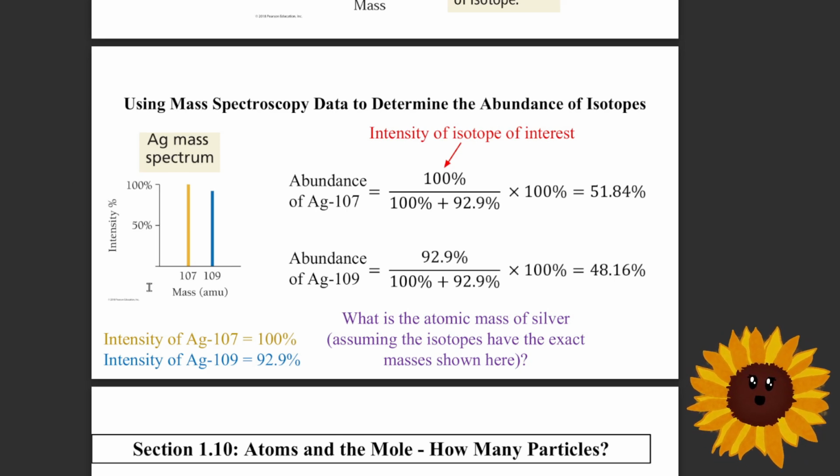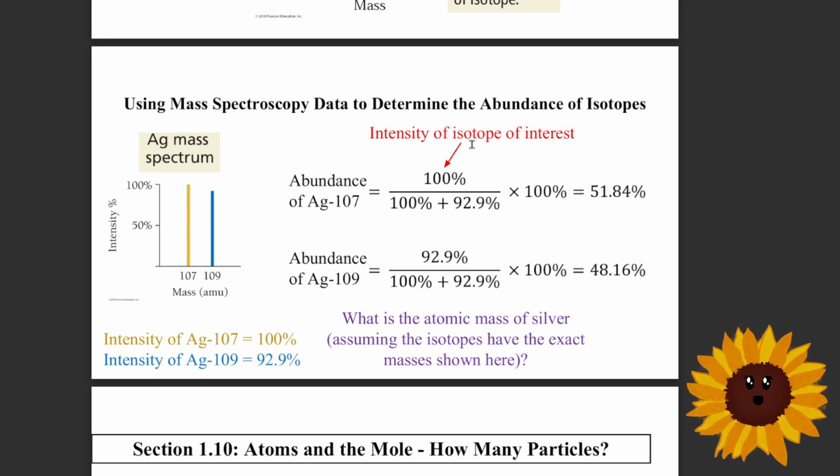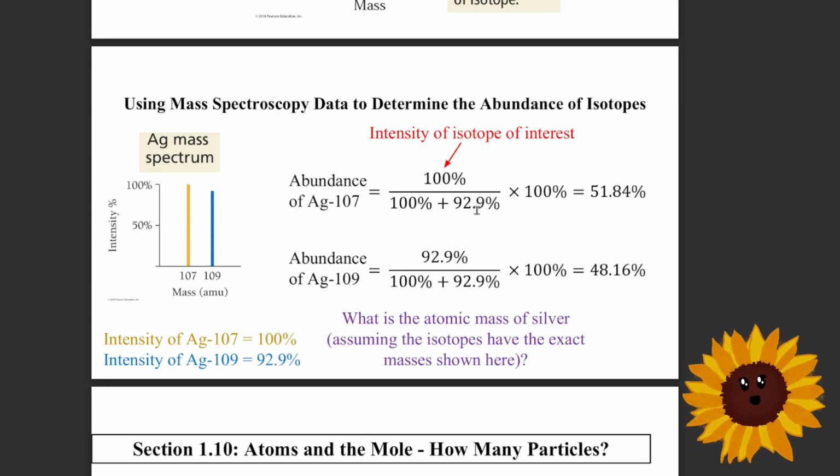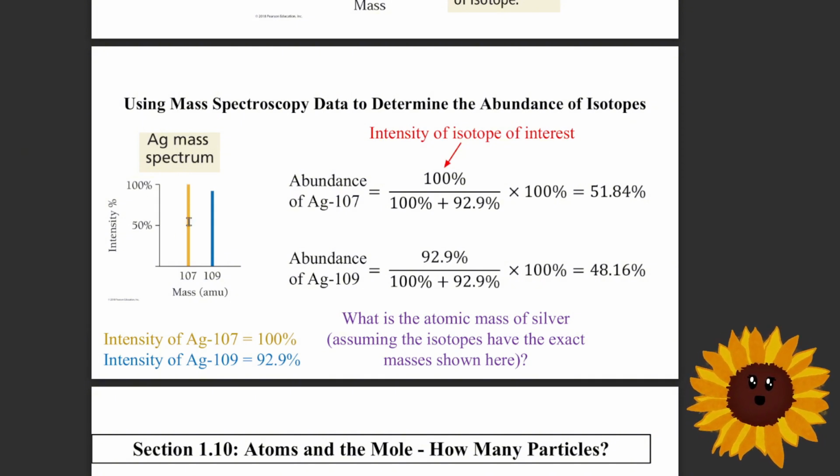If you're given this Ag, or silver, mass spectrum, you can calculate the abundance because you have the intensity of the isotope of interest, so 100%. It's what we got here, 107, plus 92.9, which I'm pretty sure they got from this yellow. Okay, so we're given the intensities here.